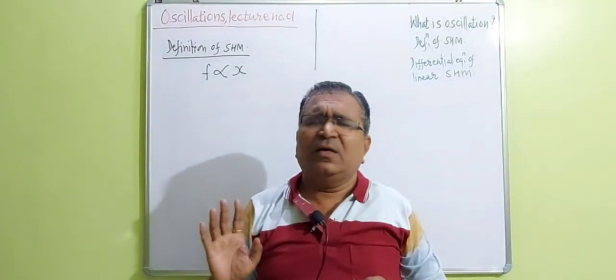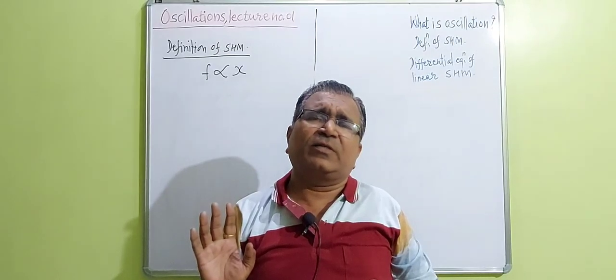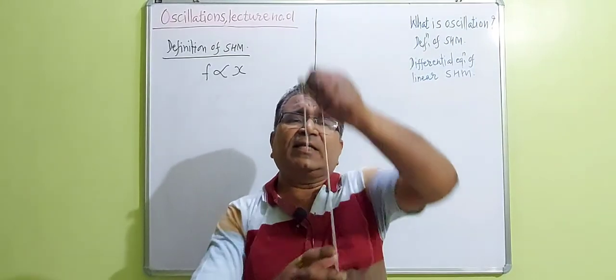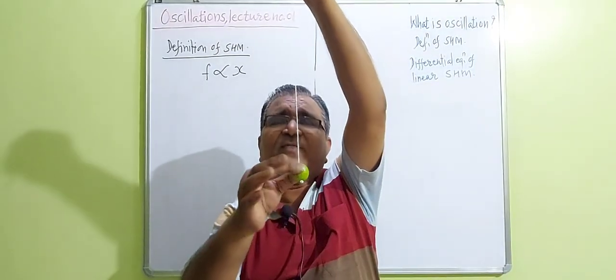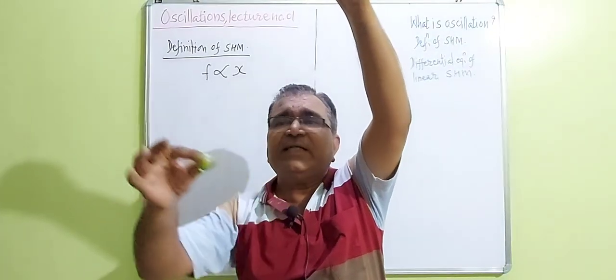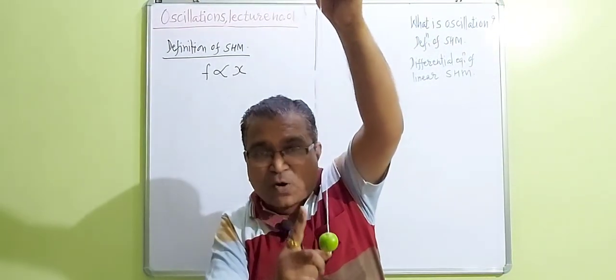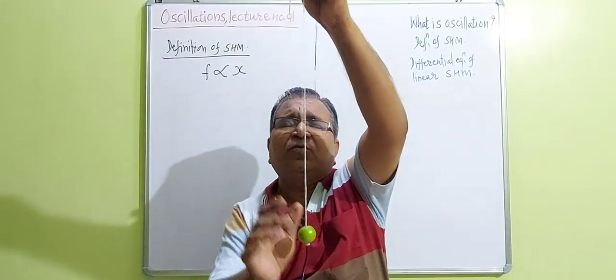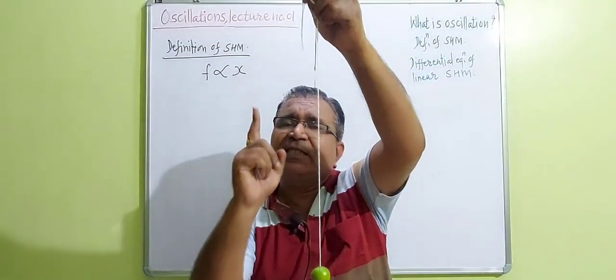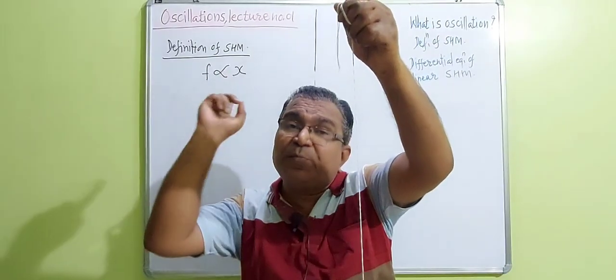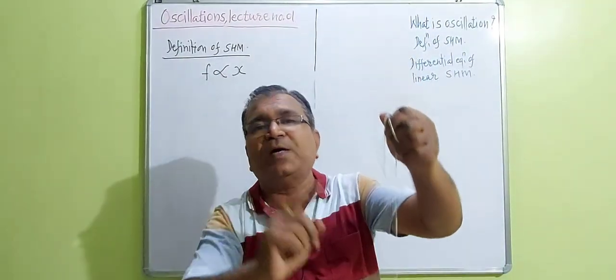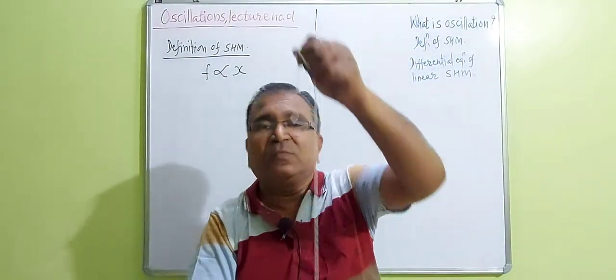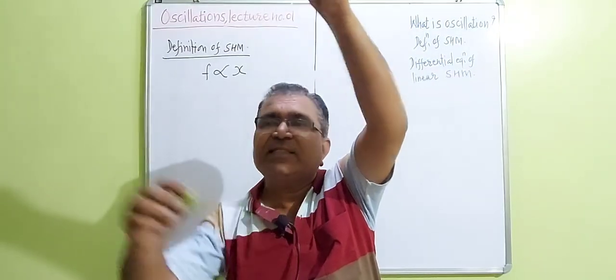That's all. Most important point. Another thing is that the displacement of the body is always measured from the mean position. You should remember these two sentences before preparing a definition of simple harmonic motion. What are the two sentences?